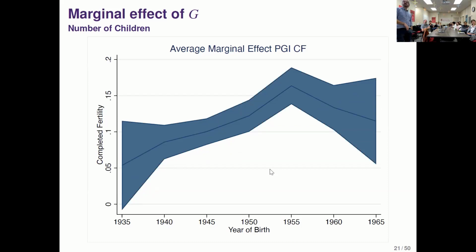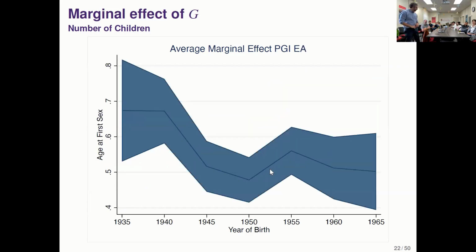Similarly for number of children, the effect is increasing over time. This is similar to when people do heritability by cohort, seeing how much genetics explains differentially by cohort.